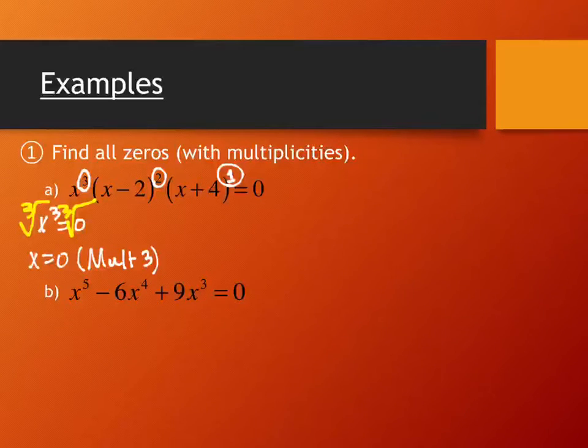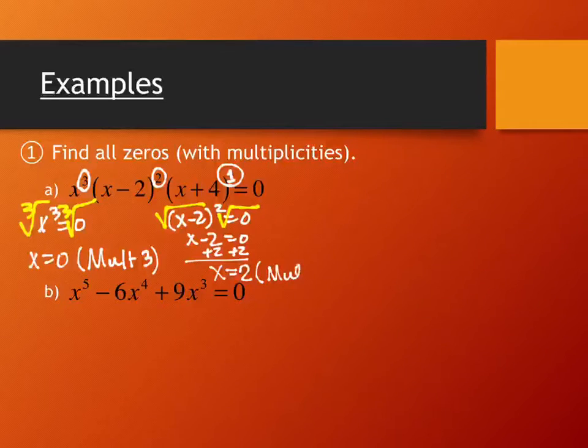If I do the same thing on the next one, x minus 2 squared equals 0, and I square root, I get x minus 2 equals 0, I add my 2, x will equal 2, but what will its multiplicity be? It's based on the power. What was the power? 2.